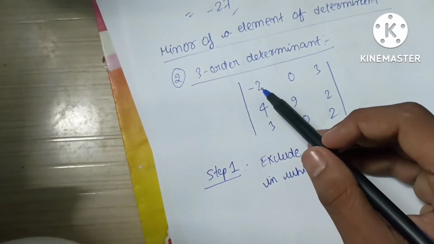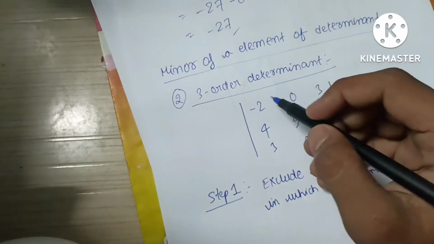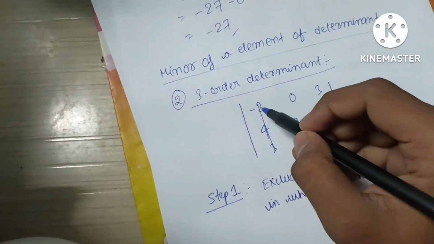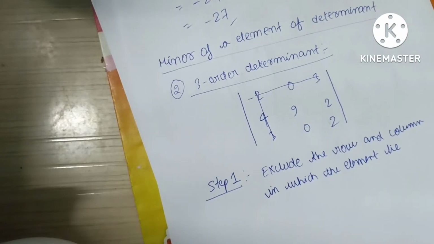Here minus 2 is the element of which we need to find the minor. So we'll exclude this row and this column. This is the first step to find the minor.